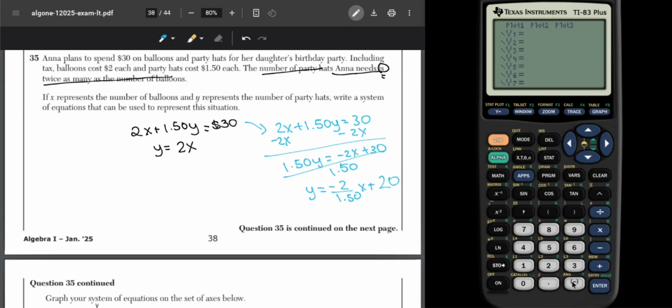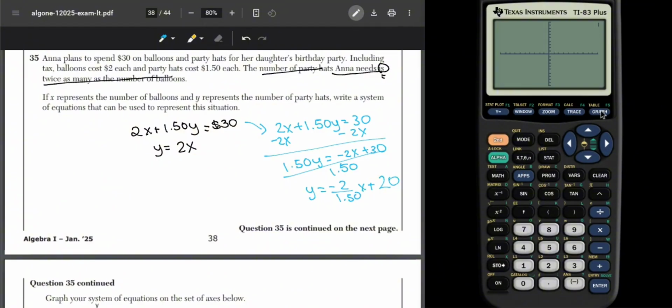So my first one, negative, I'm going to put this in parentheses, negative 2 divided by 1.50, x, plus 20. And my second equation is y equals 2x.